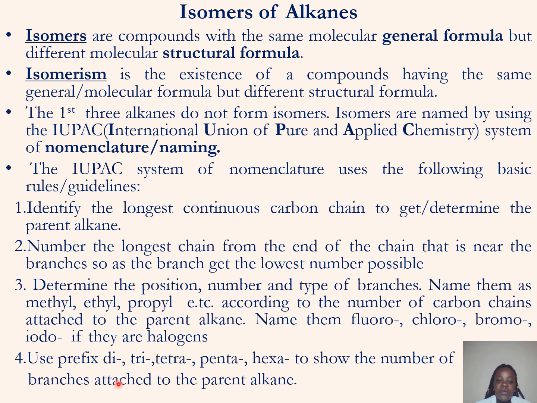If we have 4, we use the prefix tetra, penta for 5, hexa for 6, and so on. So if we have more than one, make sure you use the prefix to name the branch.